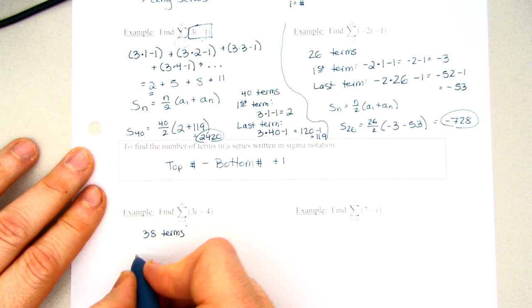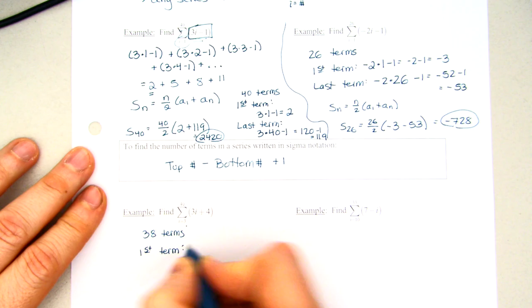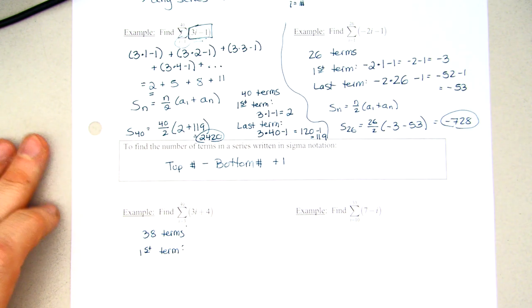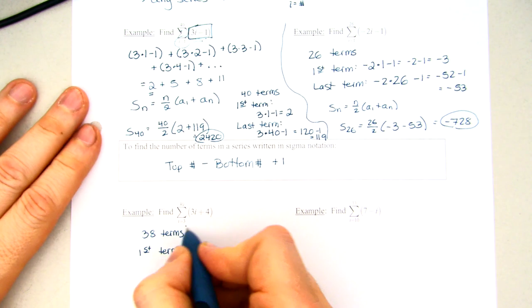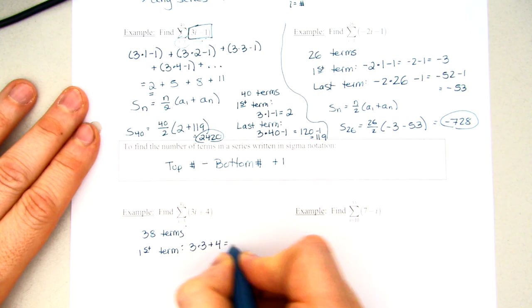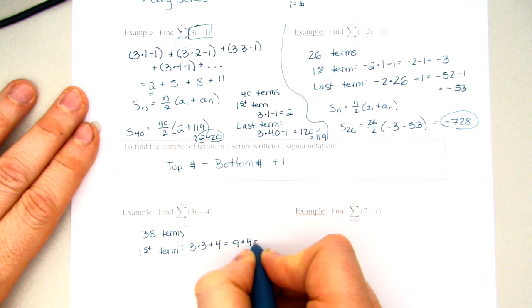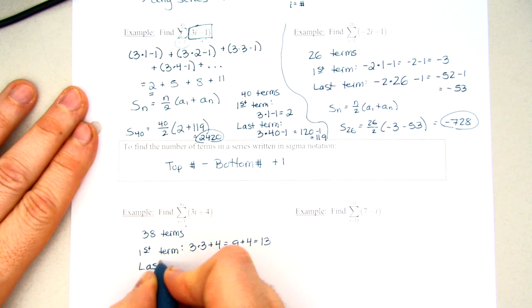There are 38 terms. To find your first term, you are not going to plug in 1 for i. Instead, what number should you plug in? You should be plugging in your lower limit. That's 3 times 3 plus 4. 9 plus 4 is going to give you 13. The last term.